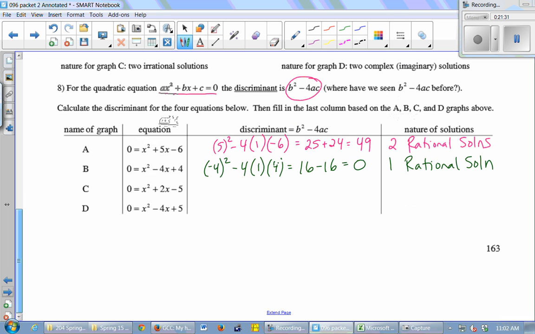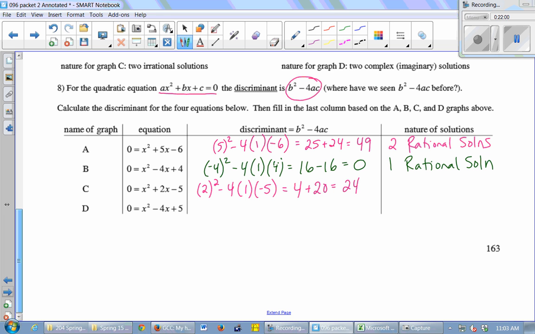All right, let's look at equation C here. In this case, my b value is 2, so I have 2 squared minus 4 times a times c. So 2 squared is 4 plus, because I have -4 times 1 times -5 plus 20, so that is 24. It's positive, which means I'm not going to have any i's.